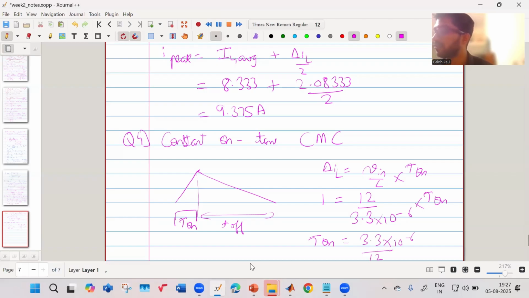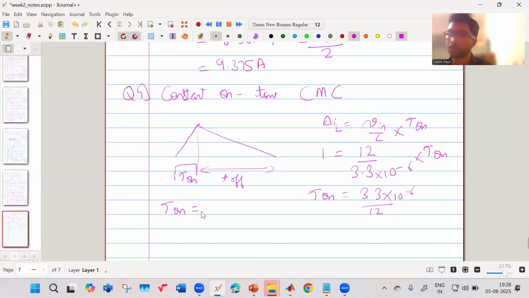So what is that value? Yes, 0.275 into 10 to the power minus 6 second. So it is 0.275 microsecond. Okay, we found T on.